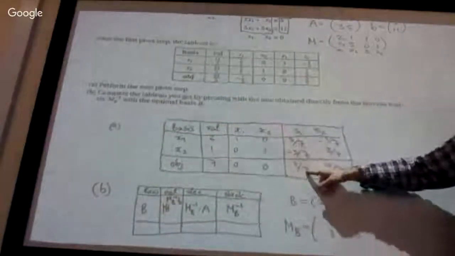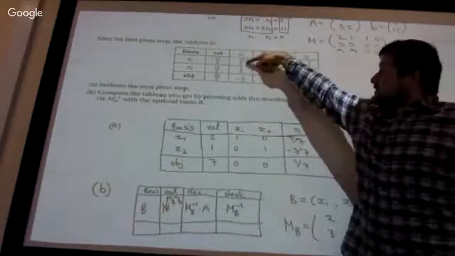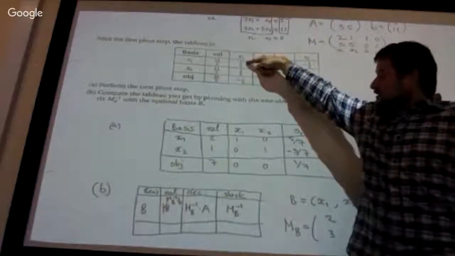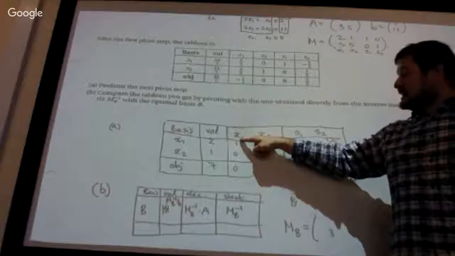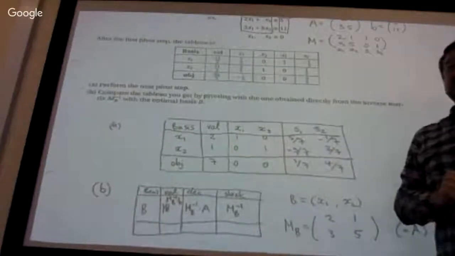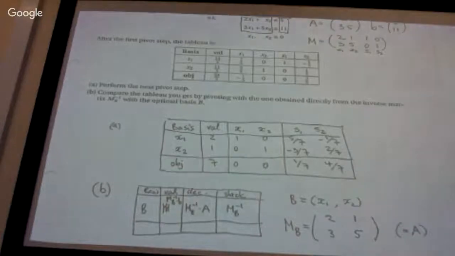Now I've done this bit, say. Now I want to know what the objective row is. So the pivot element was this one. So what I'm doing is I'm taking a multiple of this row, namely 1 over 5 times this row, and I'm adding it to the objective row.